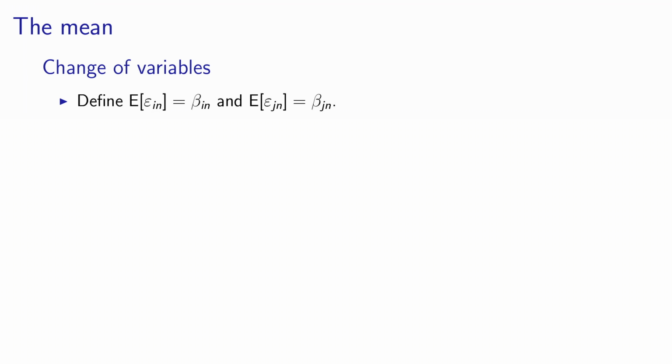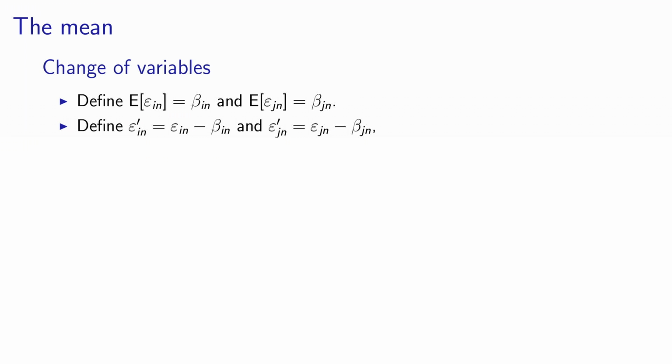So, the mean. Let's assume that the mean of epsilon in is beta in and the mean of epsilon jn is beta jn. It could be any value. Then an interesting property is that I can always define a new variable, epsilon prime in, as the previous error term epsilon in minus its mean, beta in.